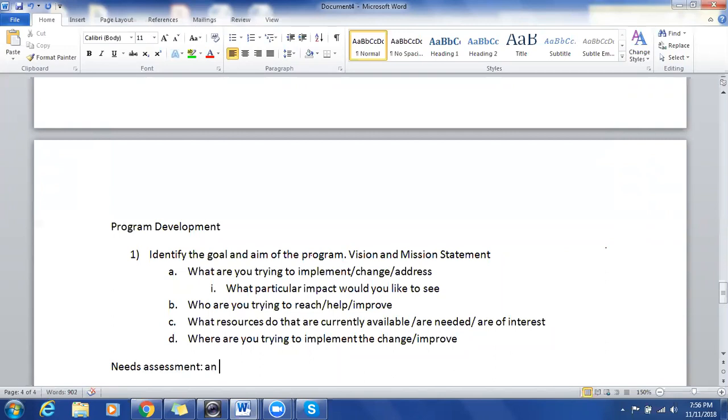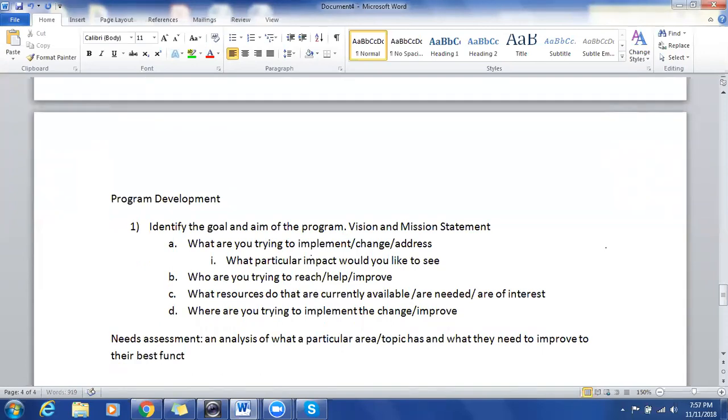So when we're deciding the what, the who, the where, the when, there's this fancy thing called the needs assessment, which is an analysis of what a particular area / topic has and what they need to improve to their best functioning as possible.